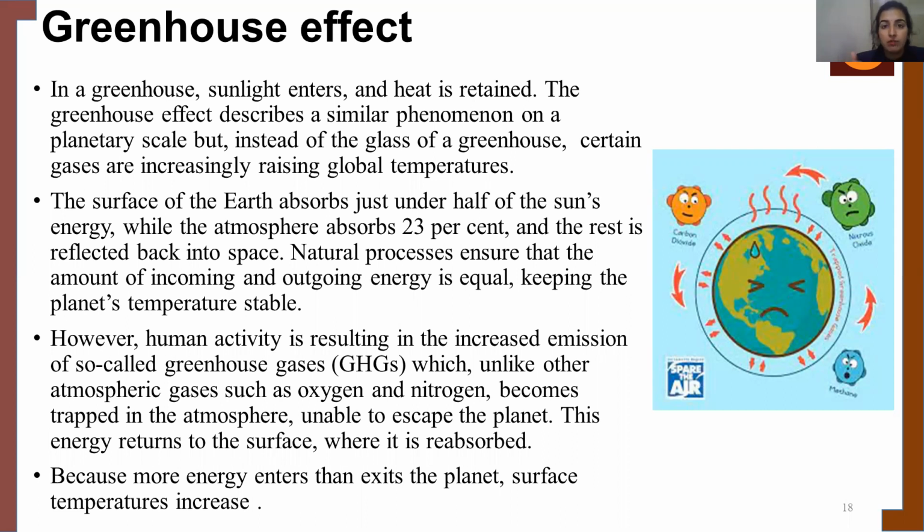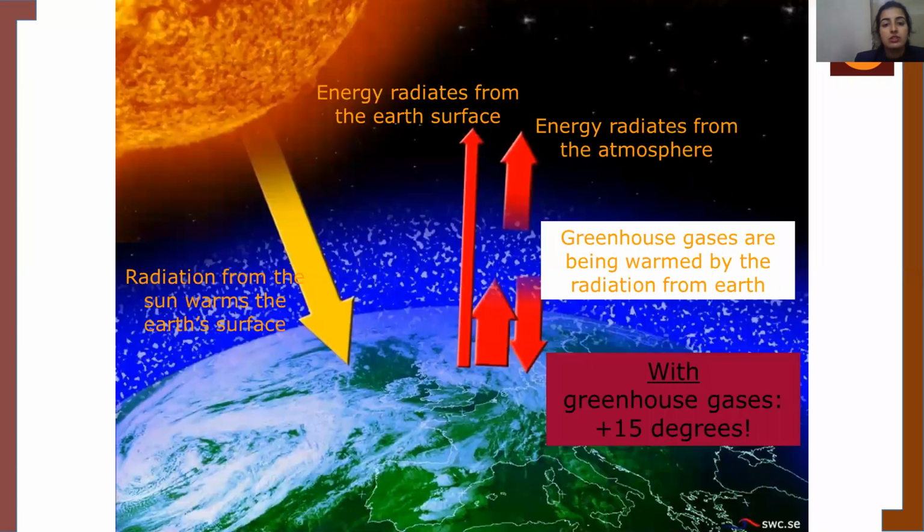This energy then returns to the Earth's surface and is reabsorbed by the Earth. When it is reabsorbed, the Earth's temperature also increases. Because of more energy entering the planet, the surface temperature increases. So this is an image which shows the greenhouse effect.